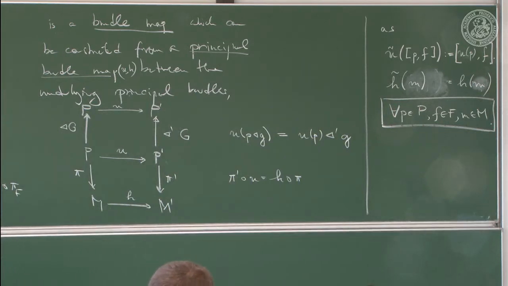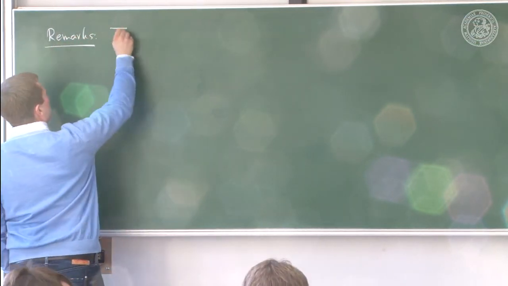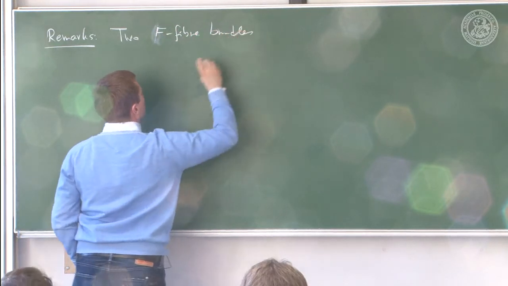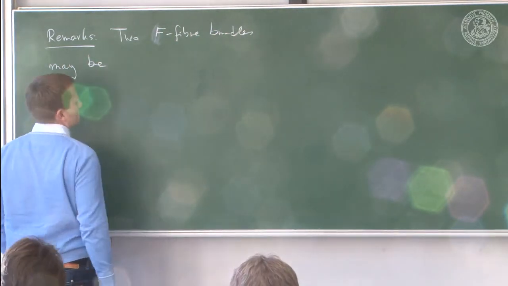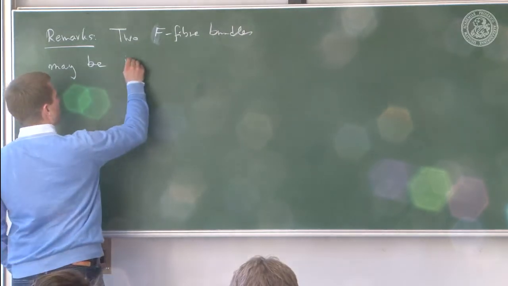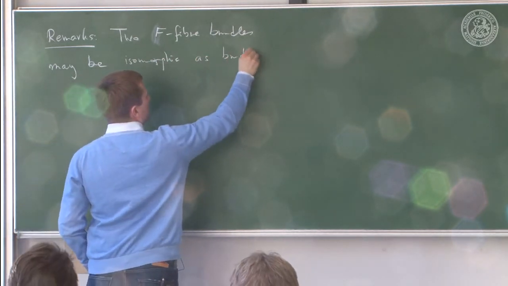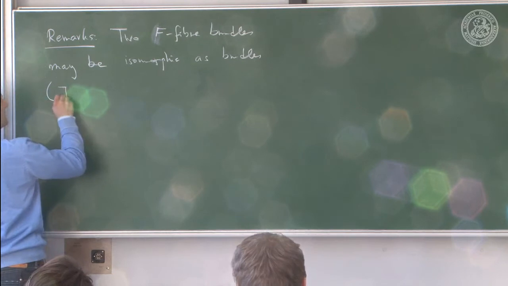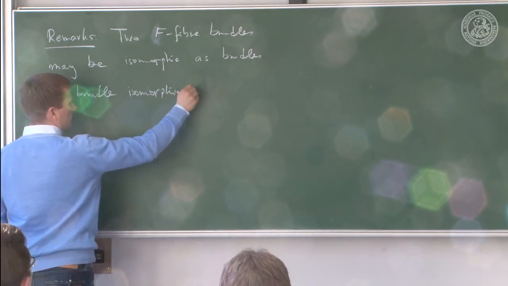Another question? Good. So remarks. Two F fiber bundles may be, let's say, maybe isomorphic as bundles, which, recall, means there exists a bundle isomorphism between them.